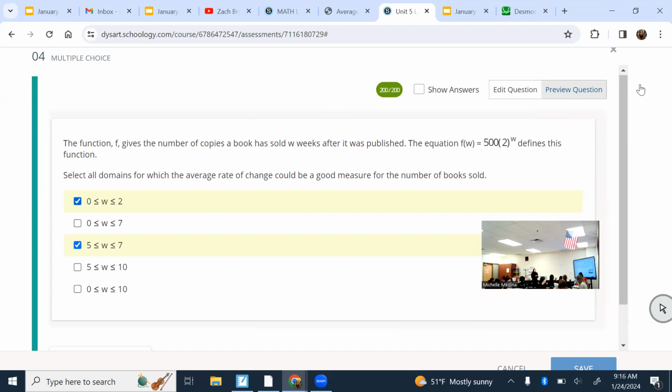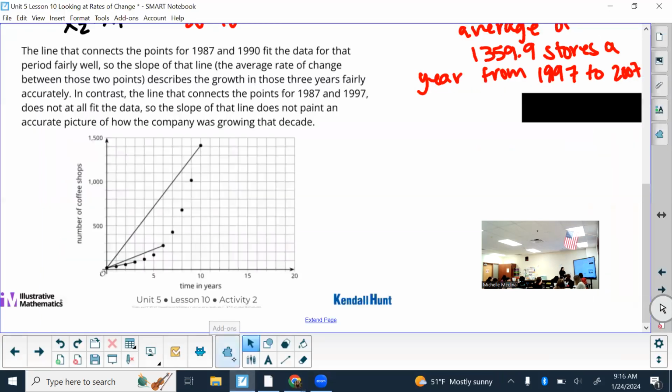And that's right. So to answer these, which one would be a good measure? You pick the smallest time differences. Why would you not pick B? Because B is going from 0 to 7.